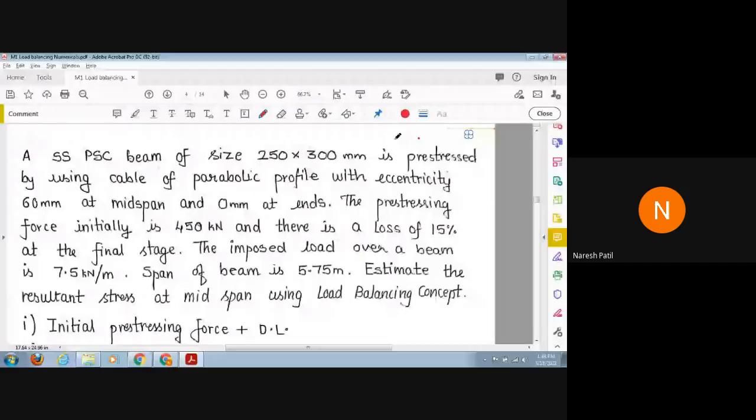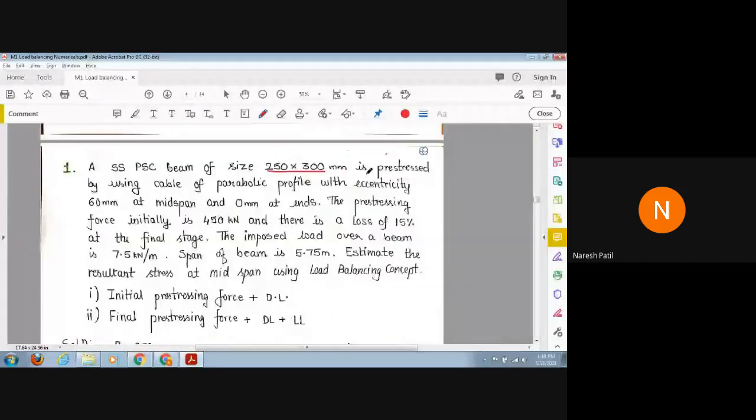A PSC beam of size 250 mm by 300 mm is pre-stressed using a cable of parabolic profile with an eccentricity of 60 mm at midspan and 0 at the ends. The pre-stressing force initially is 450 kilonewton, and there is a loss of 15% in the force in the final stage.